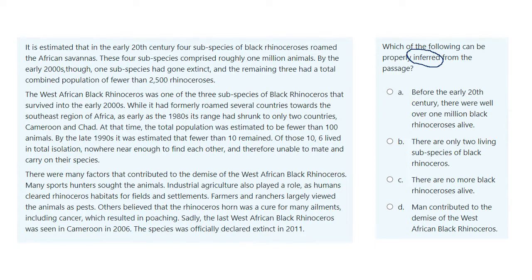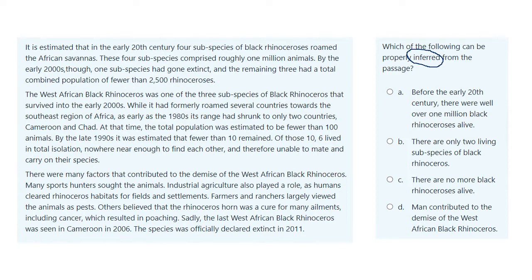So when we get a question that asks which of these can be inferred, we need to read the answers carefully, and then we need to try and find some of the answers in the passage, or see if any of the answers are refuted by the passage. So answer A, before the early 20th century, there were well over 1 million black rhinoceroses alive.